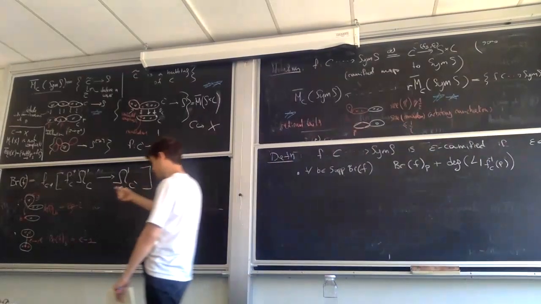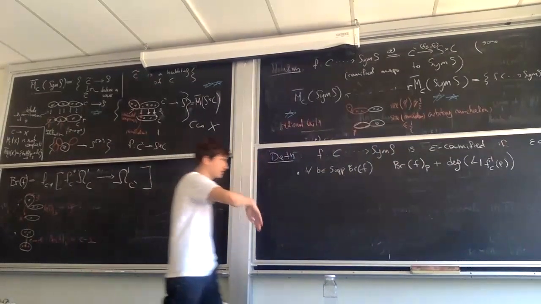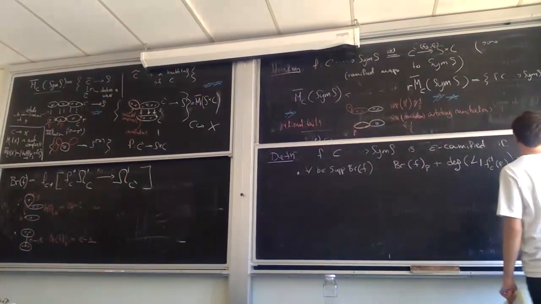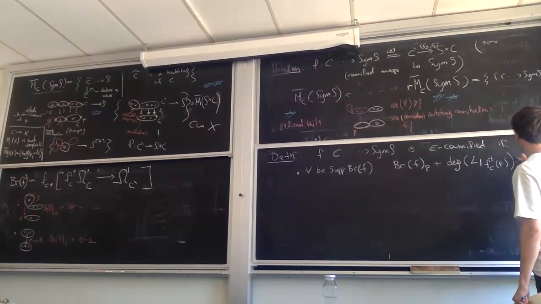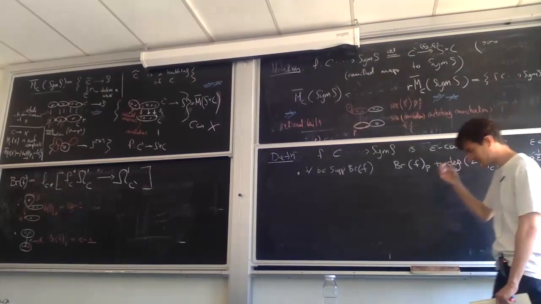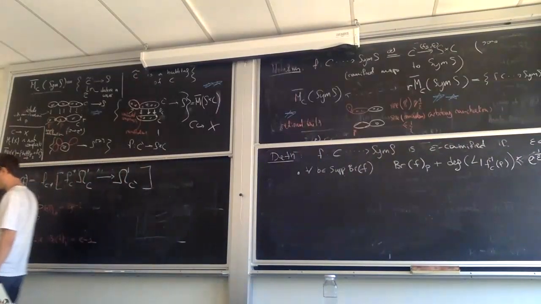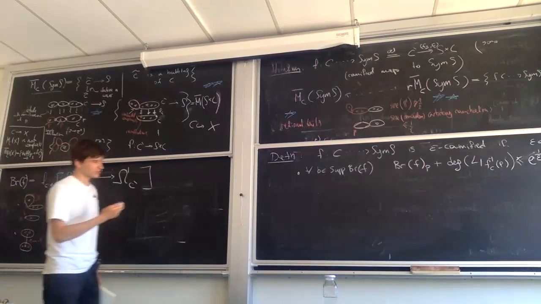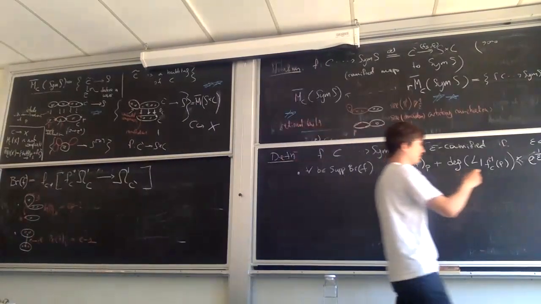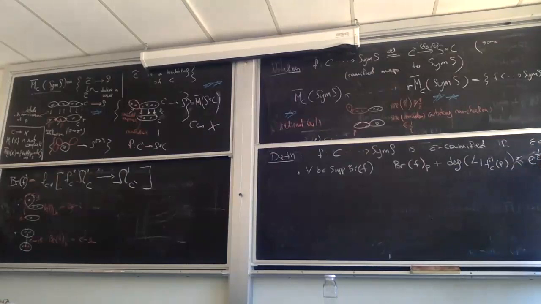If there is no contracted component but just ramification, you set it to 0. It is less than or equal to an exponential, because we allow simple ramifications, ramifications of degree 1. So if you want your epsilon to go from 0 to infinity, which I want for notational reasons, I take an exponential.